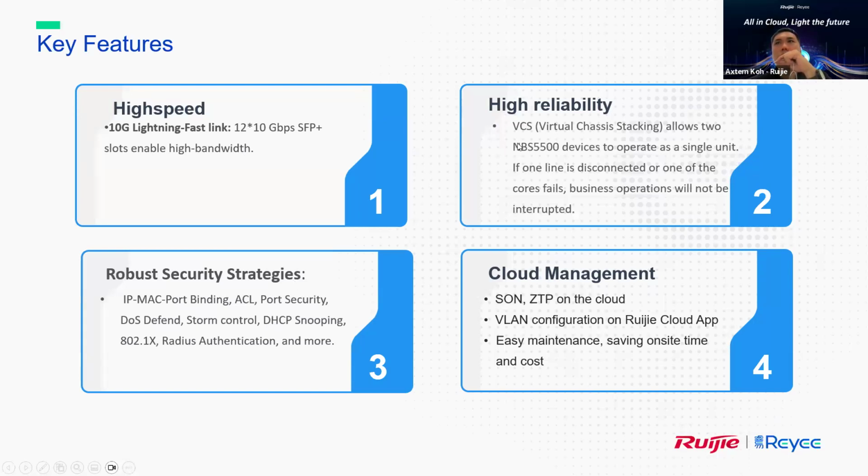And VCS allows 2 unit devices to become a single unit: 2 physical become 1 logical, so they can stack. For the Reyee model, the stacking technology is called VCS, virtual chassis stacking. These switches can also use the cloud for management and monitoring, and support SON, VLAN configuration, network planning, and remote maintenance, saving cost and time.